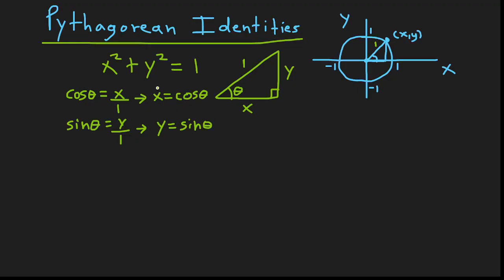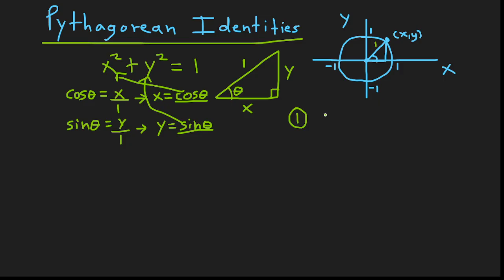Now, if we substitute the x for cosine theta, and then we also have the y as sine theta, we see that we get the first Pythagorean trig identity.